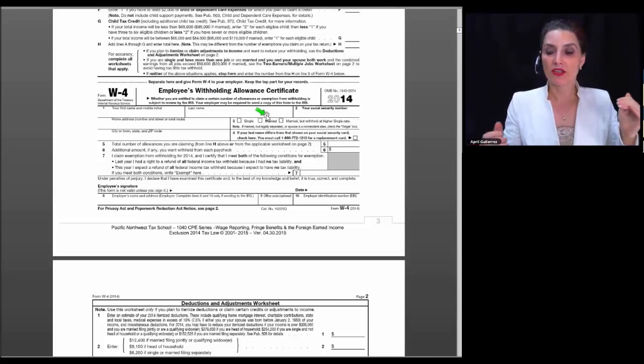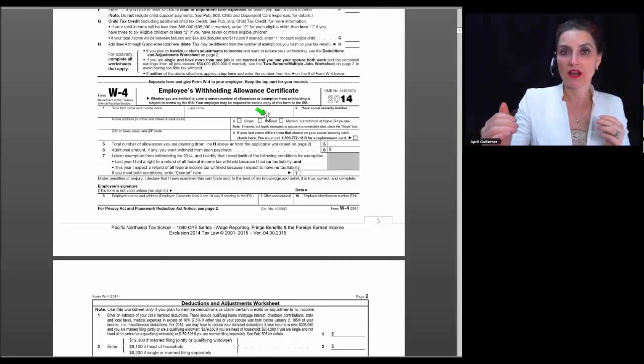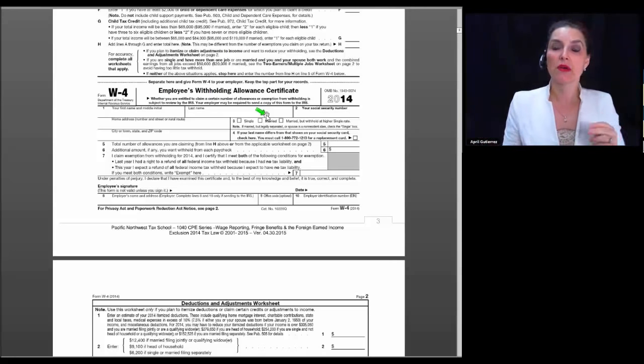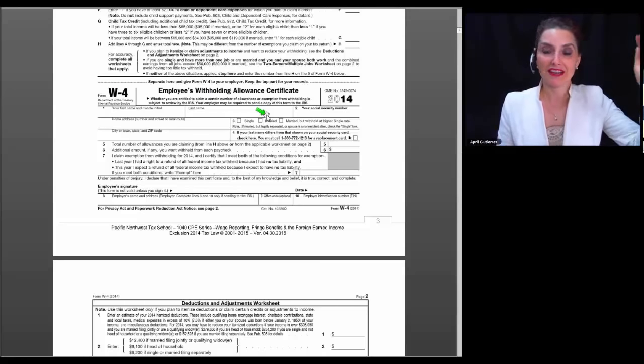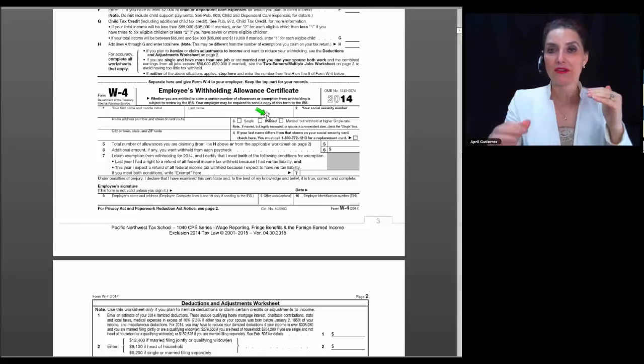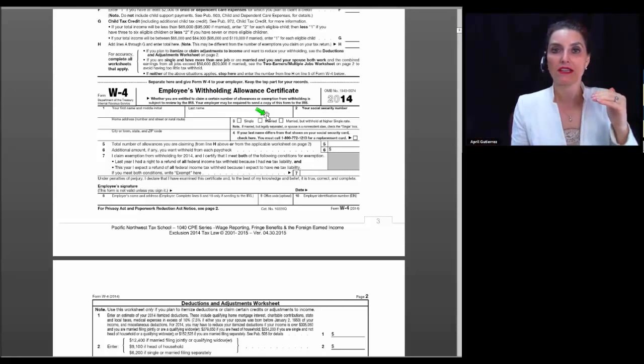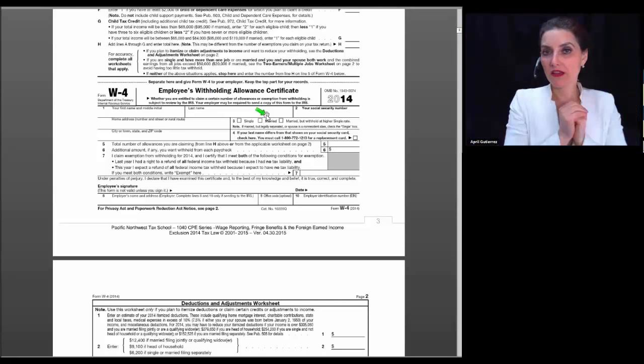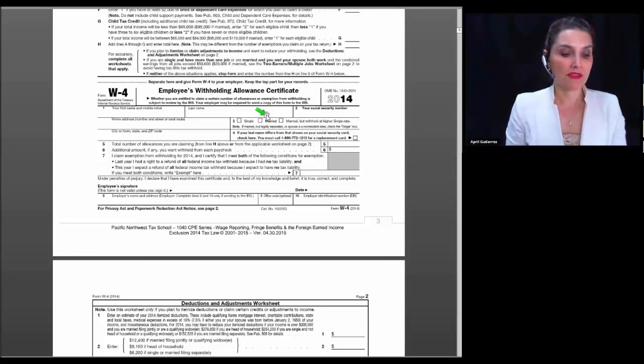Now you've got a situation where the spouse earning $10,000 or $20,000 on their withholding tables is in a much lower bracket, and the spouse earning $50,000, $60,000, $100,000 is in a higher bracket. And when you add those 2 numbers together, effectively the spouse earning less money is being taxed at the higher rate of the other spouse. And so those are all things to account for.